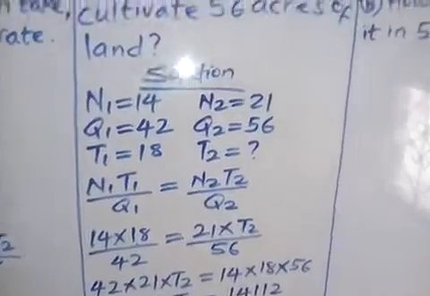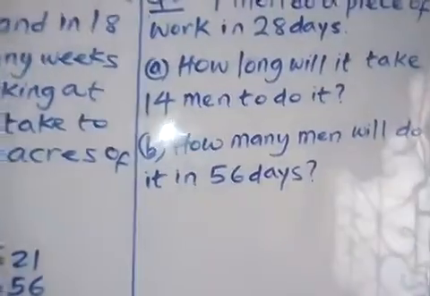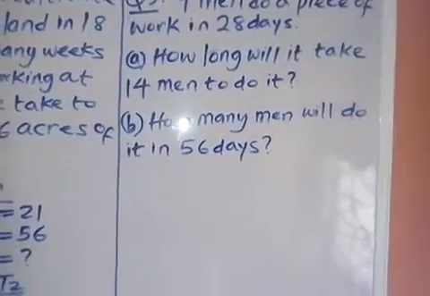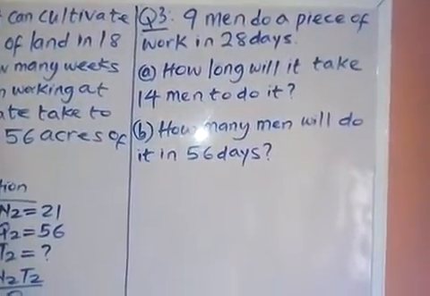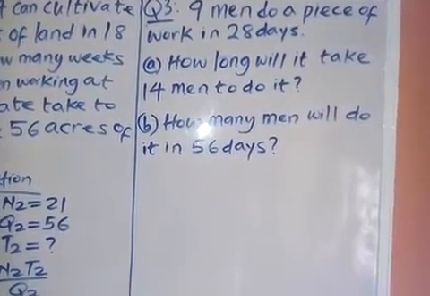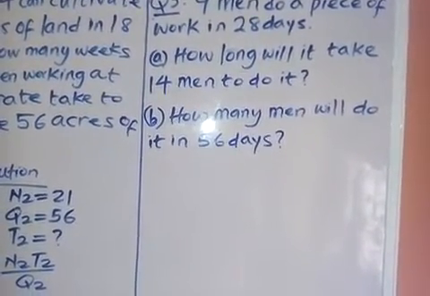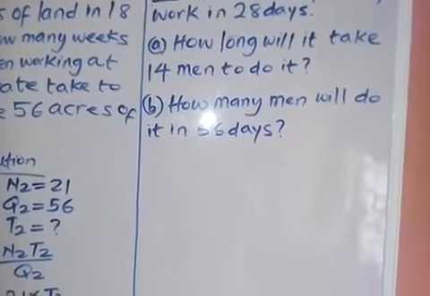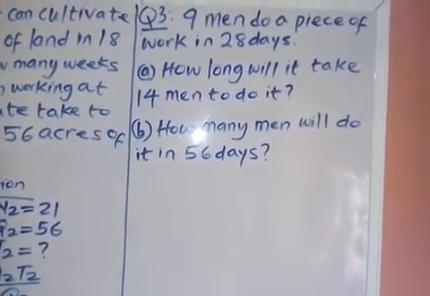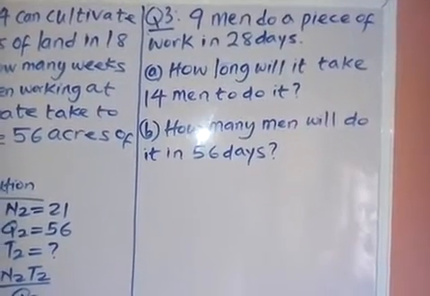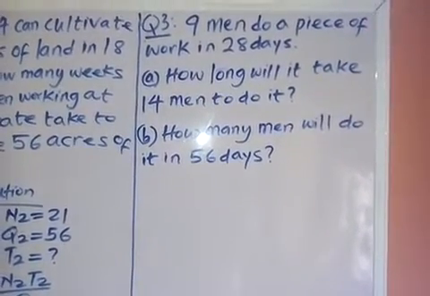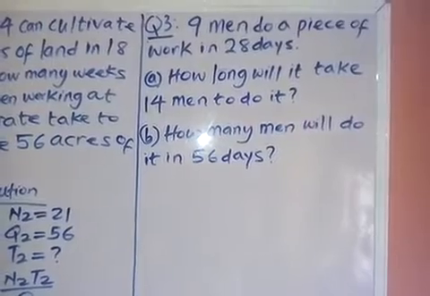The third question is the question that the class will solve. I'll read the question out, so you take time to go through what we've done previously, the first two questions that we solved. Read the question, understand, and interpret. Question 3 says 9 men can do a piece of work in 28 days.